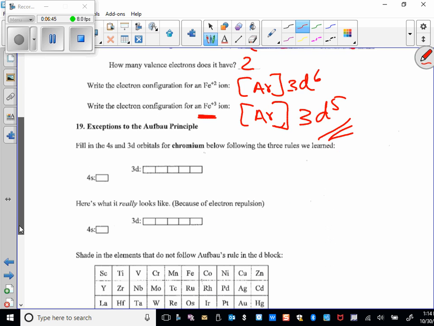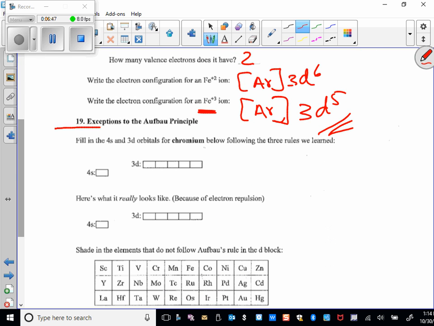So now let's go to some of the exceptions. Kids kept asking me what the exceptions were. If you were to write chromium's orbital diagram, you would have thought it is 4s2 3d4, followed by argon.